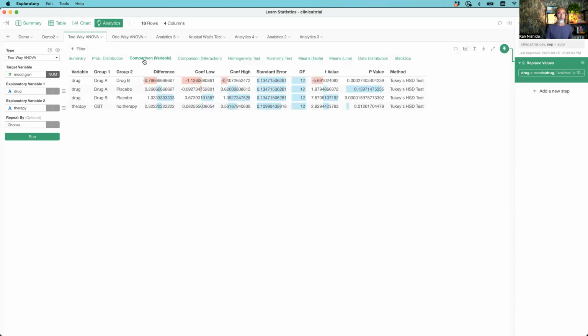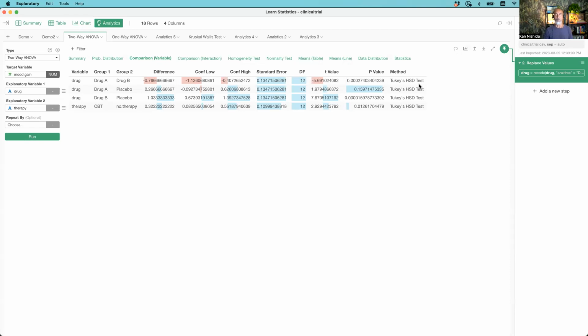So you can go to the comparison bracket variable, and this is where you see drug A and drug B, drug A and placebo, drug B and placebo. There are 3 tests, right? And then there's therapy. This one has only 2 groups, so we don't have to worry about different combinations. There's only 1, but still we want to run 4 tests here. Okay, and then we are running the t-test for each combination.